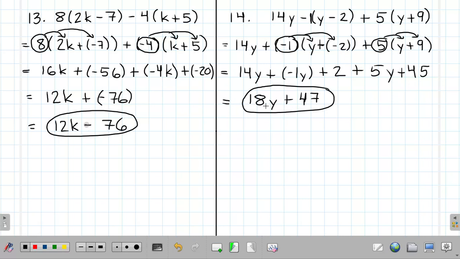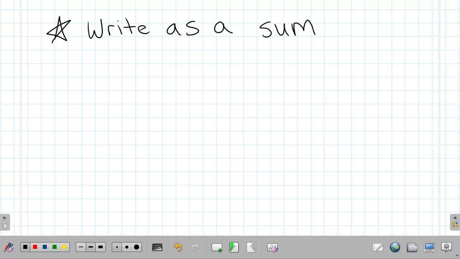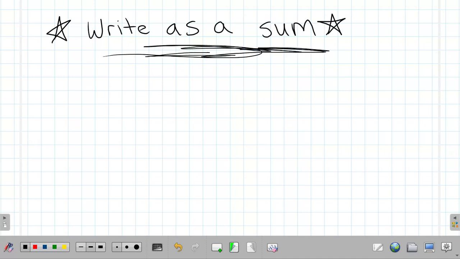And like I said, the strongest thing that I can say for you is, this is what you want to put down in that last little summary spot there. It says summary. The biggest thing I can tell you and biggest hint is to write as a sum. Once again, that will clearly tell you what to do.